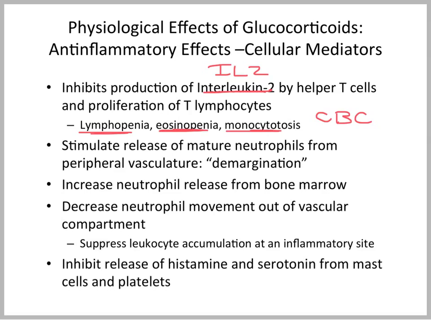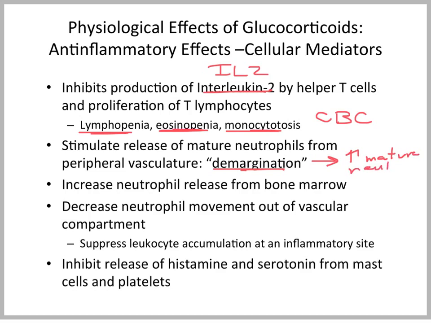In addition, and this is a separate effect, mature neutrophils generally hang out in the peripheral vasculature. They're sort of sticking to that, and we call that they're marginated, if you will, into small vessels. But what glucocorticoids do is to reduce that stickiness and leads to demargination, and that leads to increased amounts of mature neutrophils.